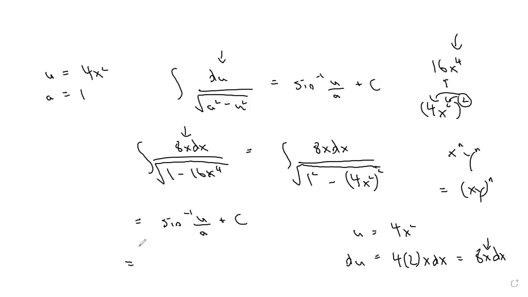So this will be sine inverse of 4x squared over 1. There's no point in writing anything over 1, so I'm not going to write that part. Let me erase this line right here. If you want, you could write it over 1, but it doesn't make any difference. Plus c. So that's what we get: sine inverse of 4x squared, plus c.